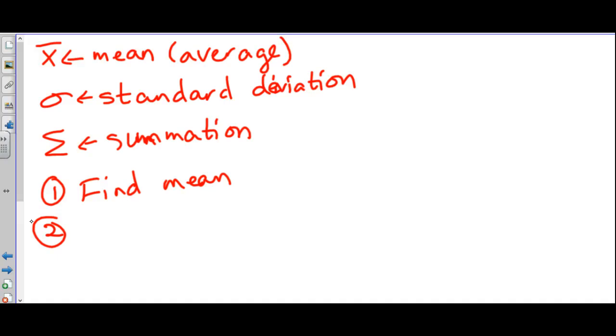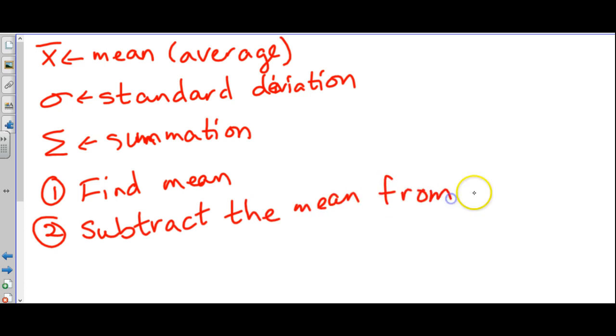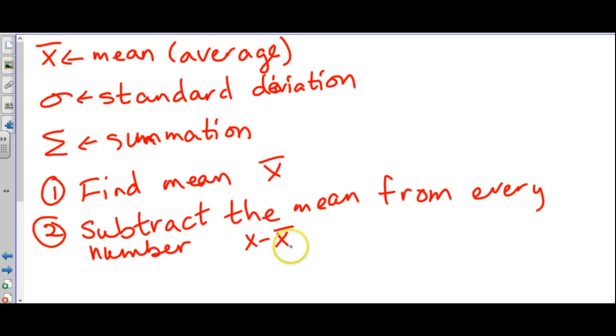You're going to find the difference. They're going to represent this, because mean is represented by x with the line over it, as x minus x with the line over it. Then you are going to square all those numbers.